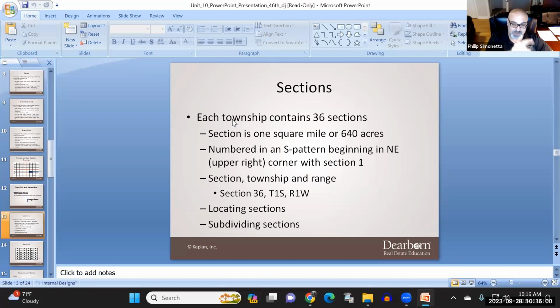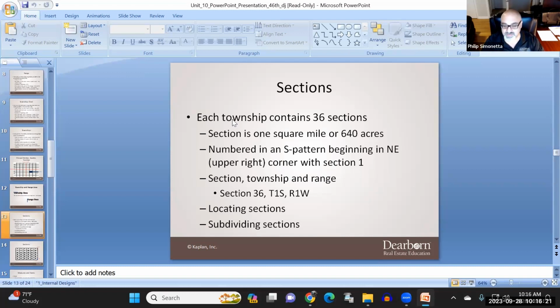Then you go down: 7, 8, 9, 10, 11, 12, down. 13, all the way down to get to 36. It's like a snake pattern. So the description might say section 36, township 1S, R1W.